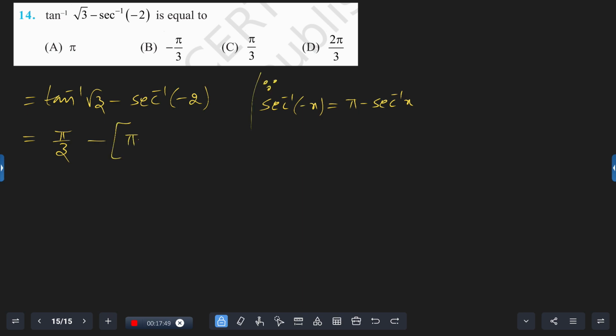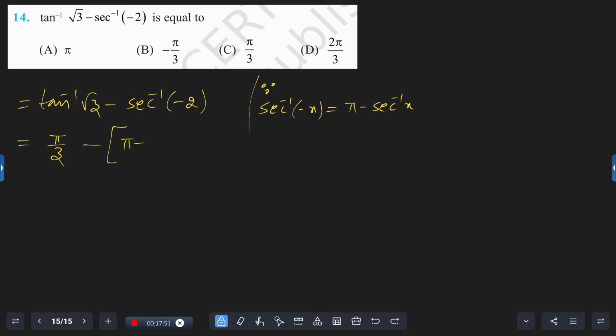So that pi by 3, pi minus secant inverse 2. For what angle will you get 2 in secant? Pi by 3. For 60 degree you will be getting this, right? Simplify here. What will you get then? Pi by 3 minus pi, minus into minus, plus pi by 3.